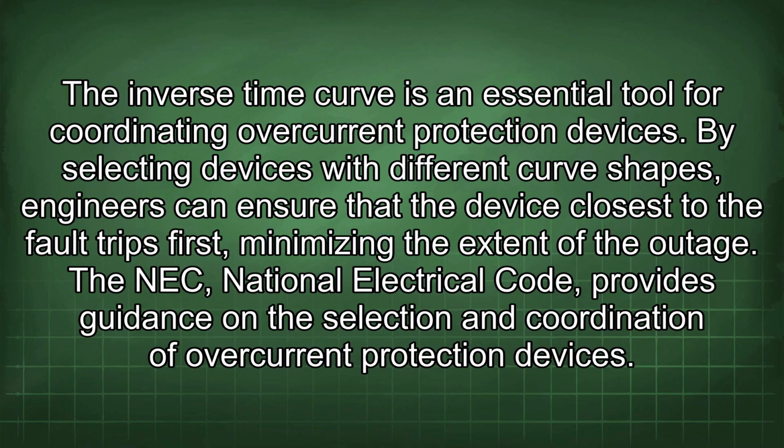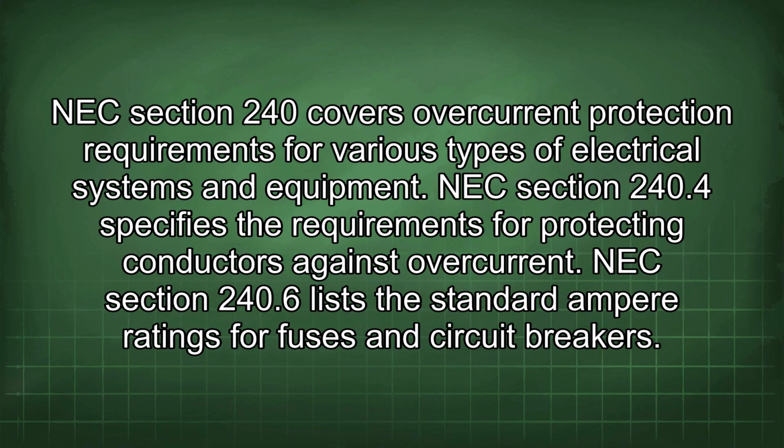The NEC, National Electrical Code, provides guidance on the selection and coordination of overcurrent protection devices. NEC Section 240 covers overcurrent protection requirements for various types of electrical systems and equipment. NEC Section 240.4 specifies the requirements for protecting conductors against overcurrent.